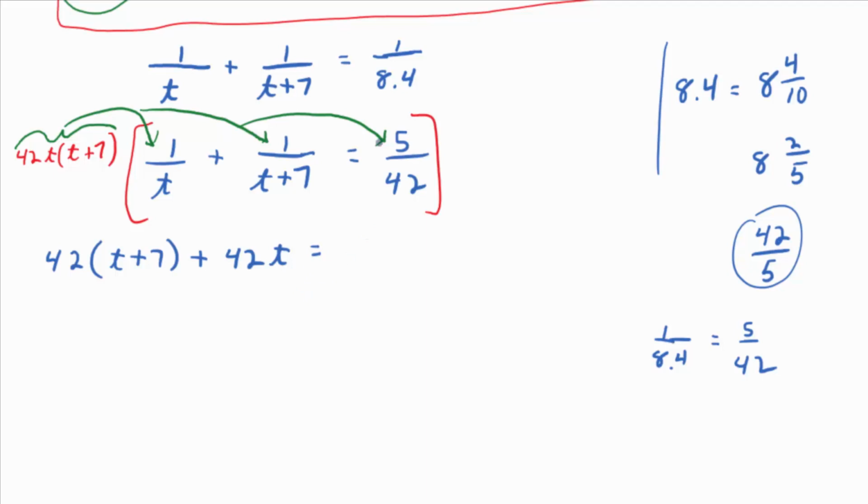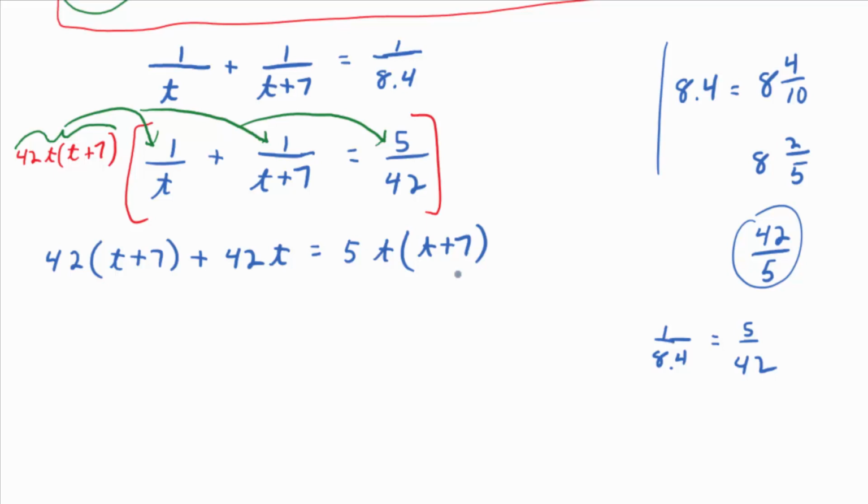Okay, what's left on the right side? Yeah, the 5 was there originally, so that's not going anywhere. The 42's cancel, and then the t and the t plus 7, those factors aren't going anywhere, are they? So 5t times the quantity t plus 7? Does everybody agree with that?